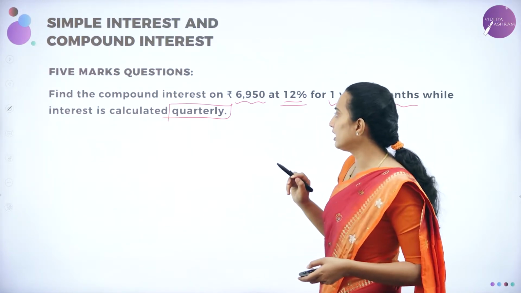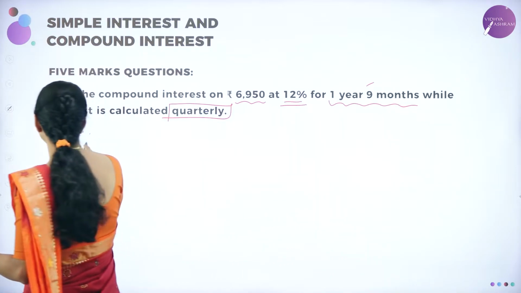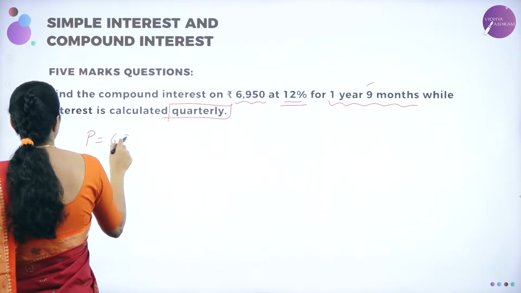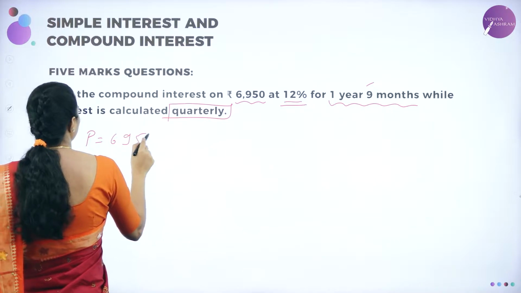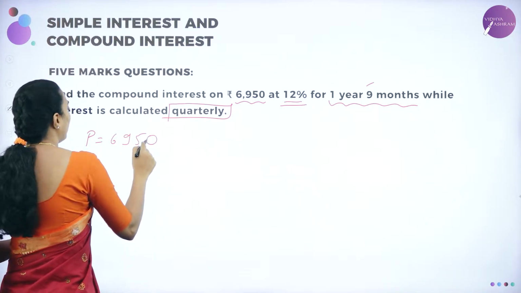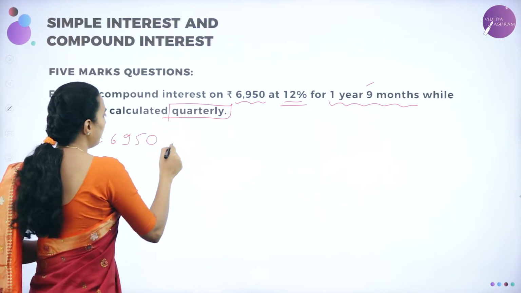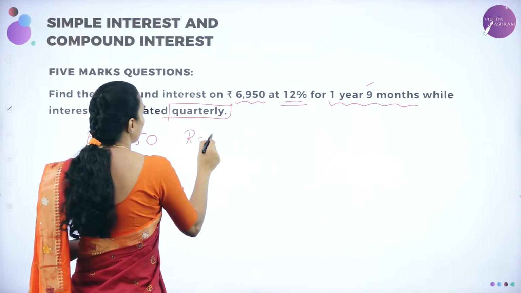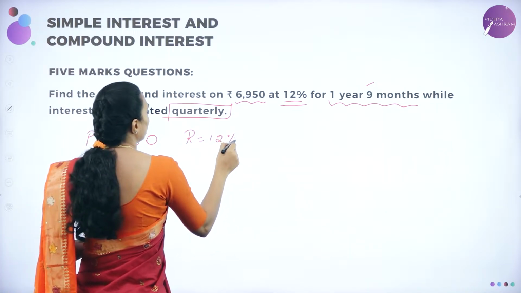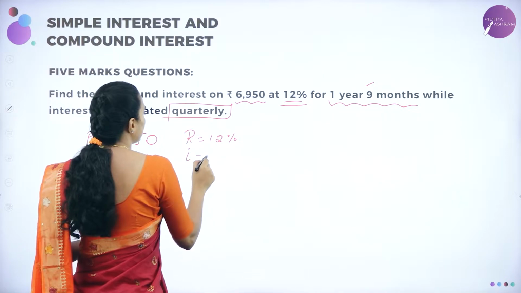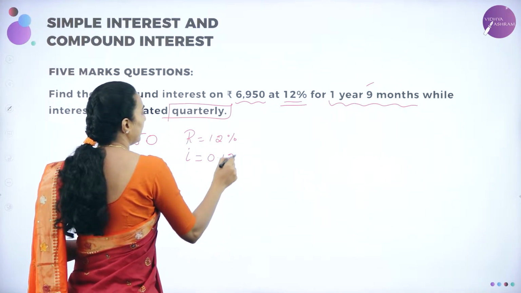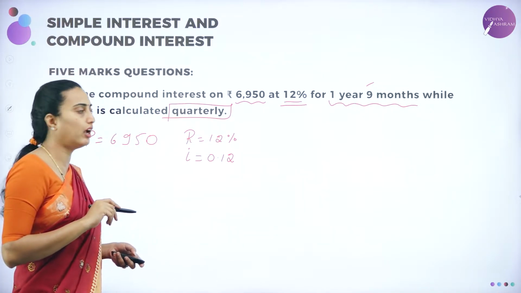So therefore, I can calculate by taking P is equal to 6,950, and at 12% means r is equal to 12%, otherwise i will be equal to 0.12 by dividing throughout by 100.